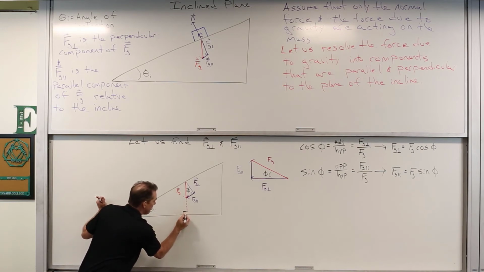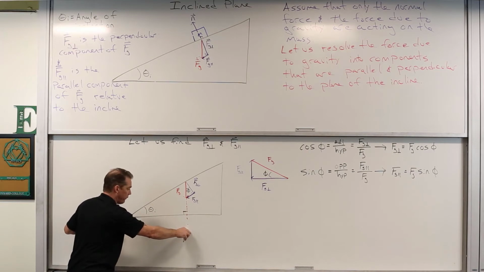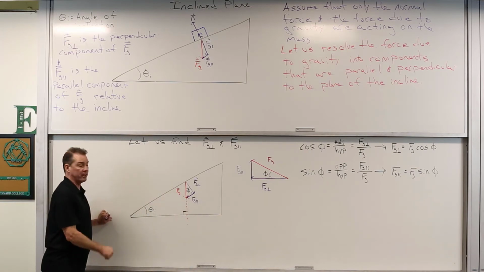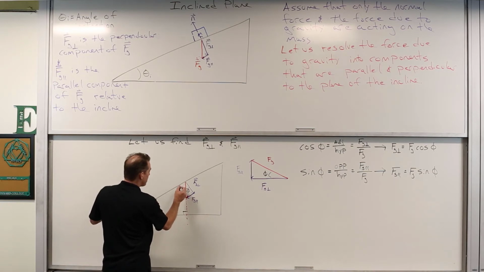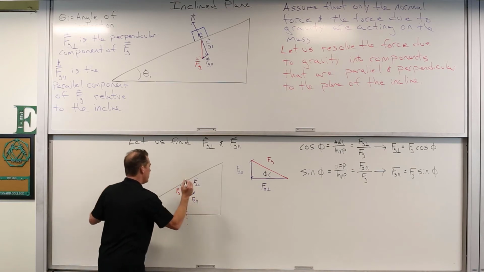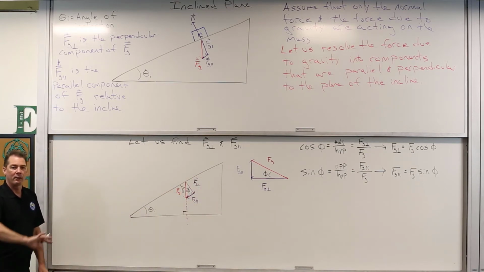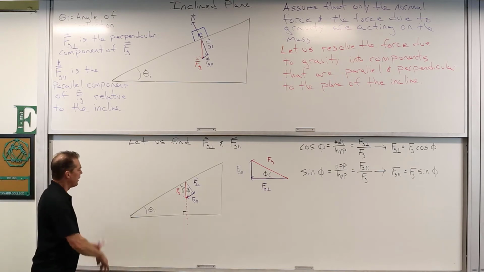So that would be a 90-degree angle, the direction of the true gravitational force and the base of this incline. There's another angle that we can define. Let's define this angle right there. I'm just going to call that gamma.